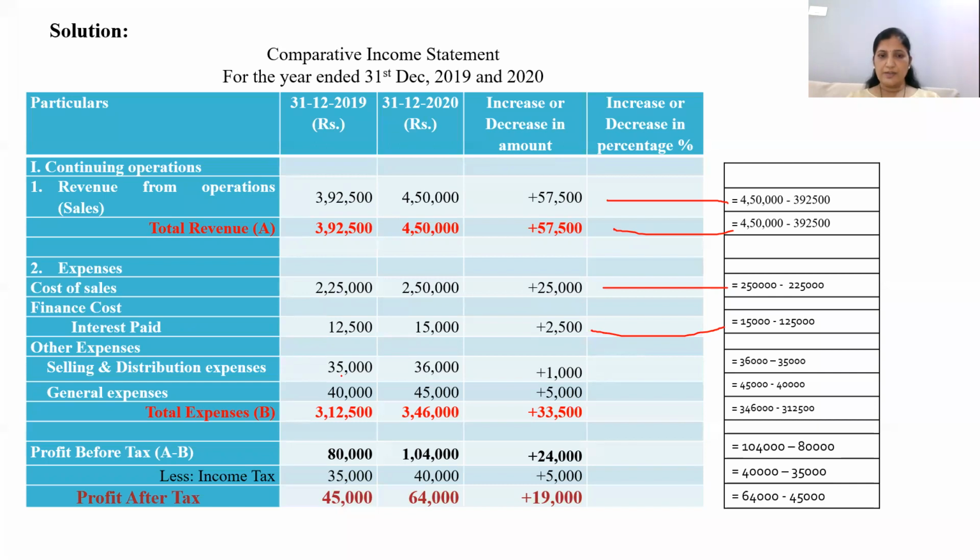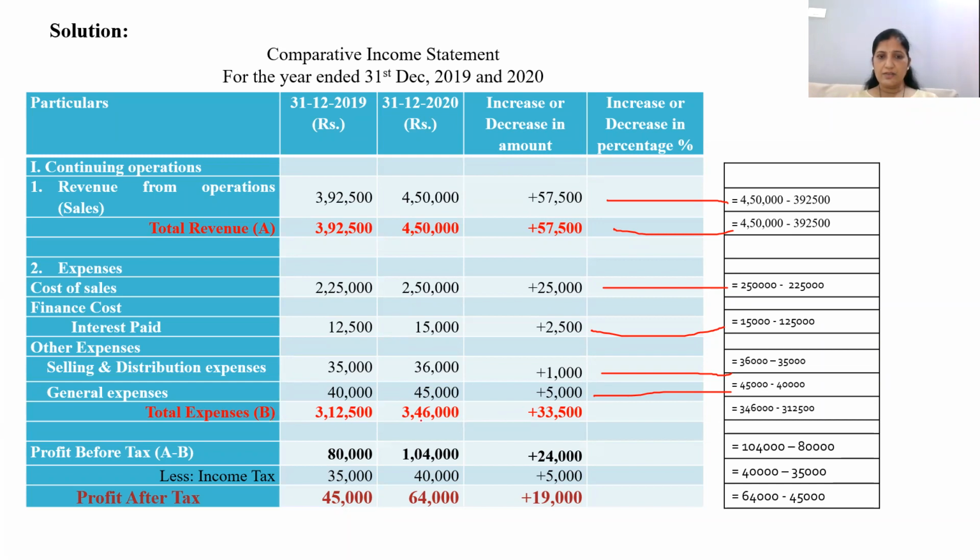Selling and distribution expenses are 35,000 and 36,000. So when you reduce this, you get 36,000 minus 35,000, which is plus 1,000. General expenses are 40,000 and 45,000. So 45,000 minus 40,000 is plus 5,000.